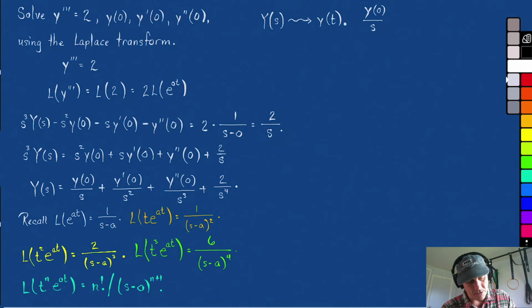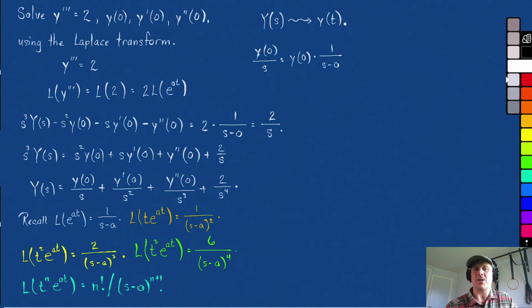And before I transform that, I'm going to bring it down here. If I have y of 0 over s, and I'm going to do this once, think of this as a constant, y of 0, times 1 over s minus 0. That doesn't change anything.